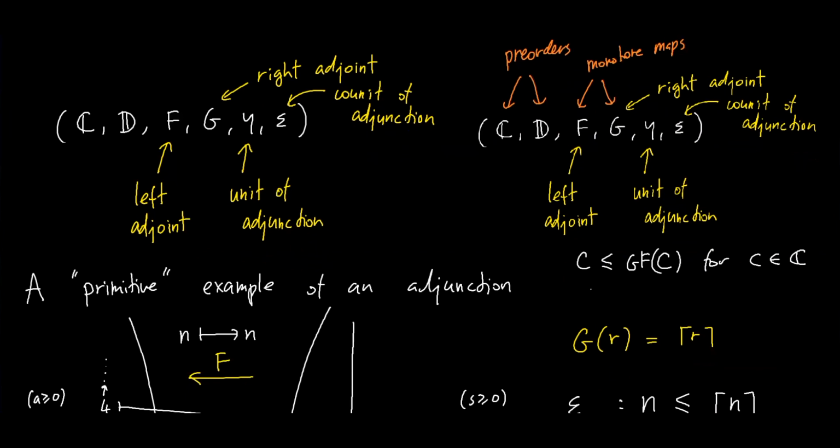And the fact that fg of D is less or equal to D for every D is what guarantees existence of unique epsilon.